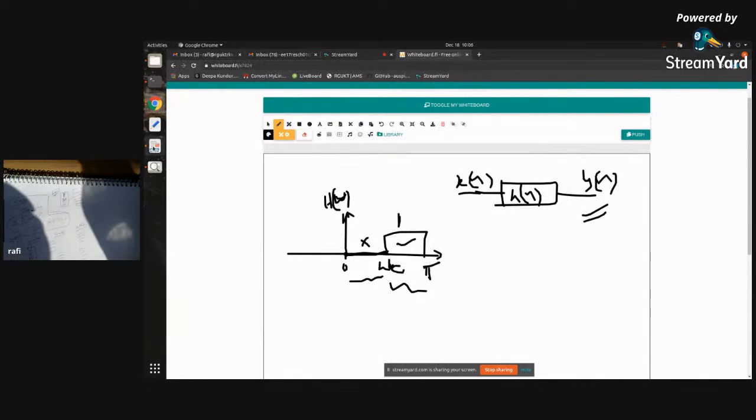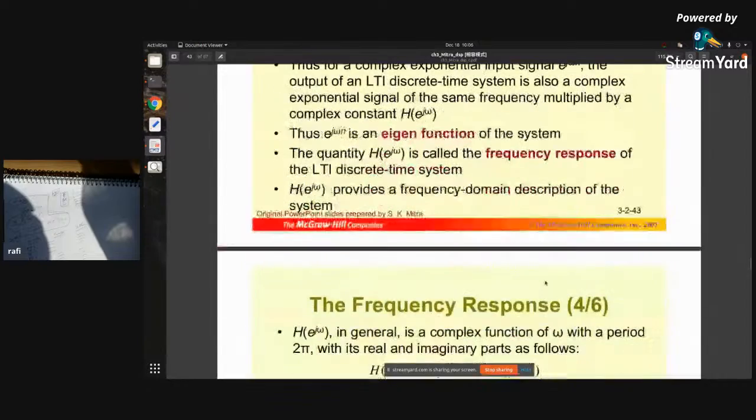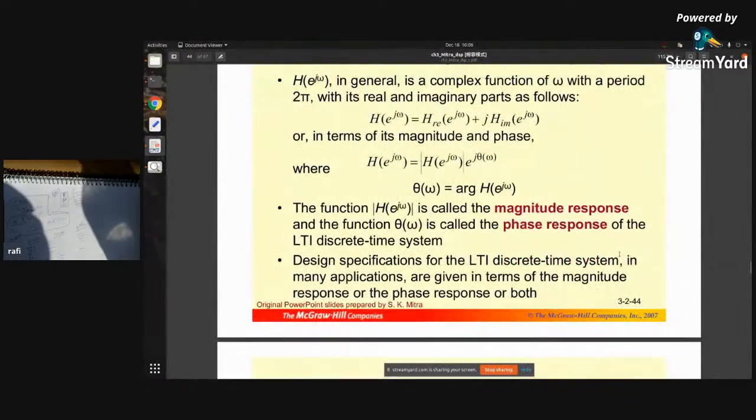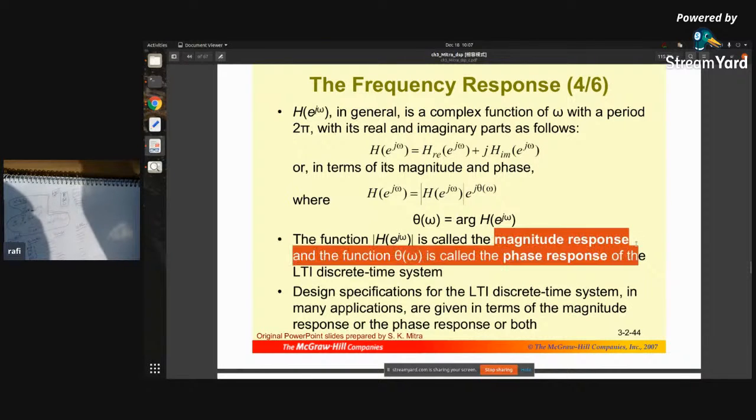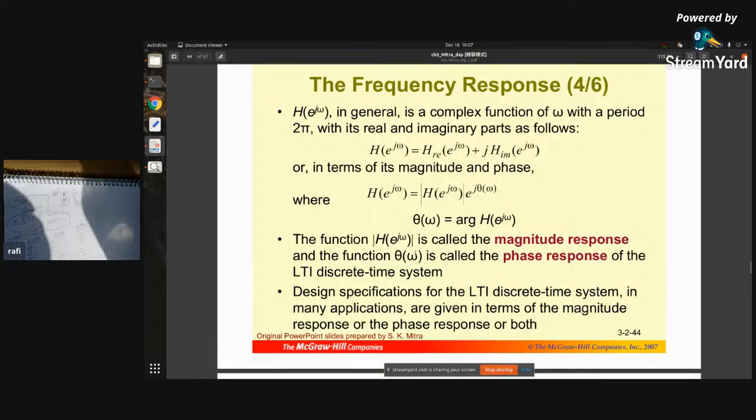So this is what frequency response of the system means. Since it is a complex quantity, a complex constant with respect to n, it has a real part, imaginary part, magnitude, and phase. The magnitude we call the magnitude response of the system, and the phase we call the phase response of the LTI system. Overall, h of omega is called the frequency response of the system.